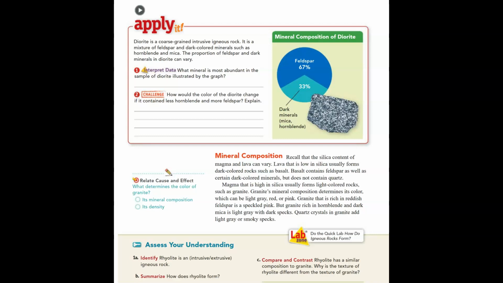Well, feldspar we know is a lighter mineral and hornblende is a darker mineral. So if we had less of the hornblende and even more of the feldspar, it would probably make the rock lighter. Not heavy-wise, but color-wise, it would look a lot lighter.